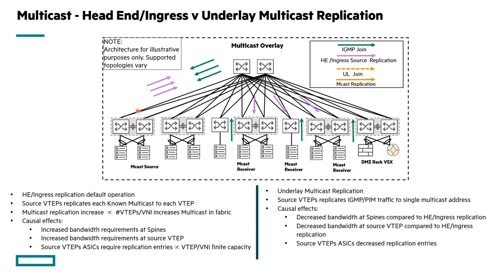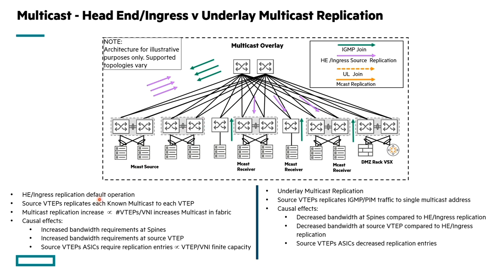So really here in the head-end or ingress replication, we see that there are inefficiencies in that we have the multicast traffic from the source replicated equivalent to the number of requests, and effectively the traffic increase is proportional to the number of VTEPs and VNIs, and can increase in the fabric.